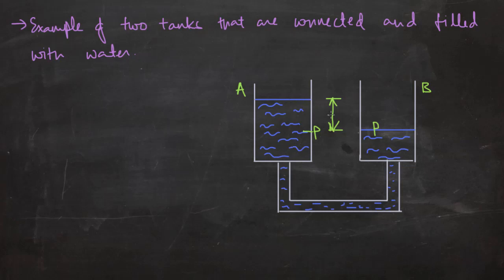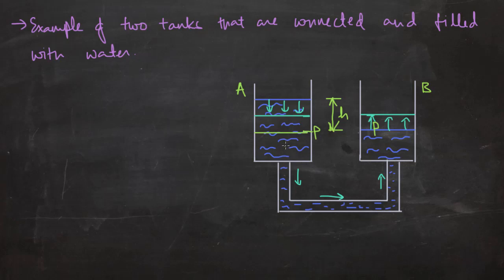The excess pressure due to this difference in height is going to cause the water to flow from vessel A to vessel B until the level in both the tanks become equal. There, now you see that the level in A has reduced, and at the same time the level in B has increased till the point of time the level in both of these have become the same.